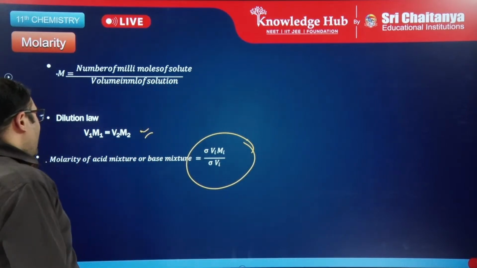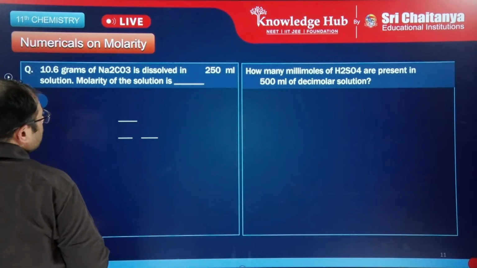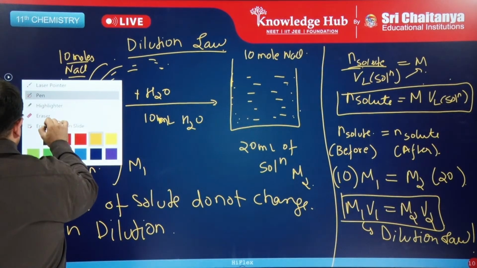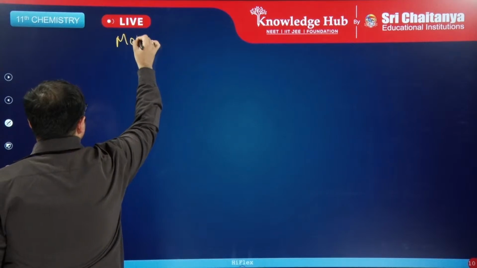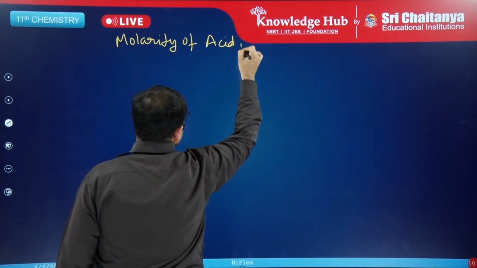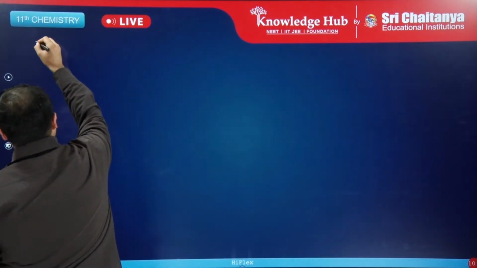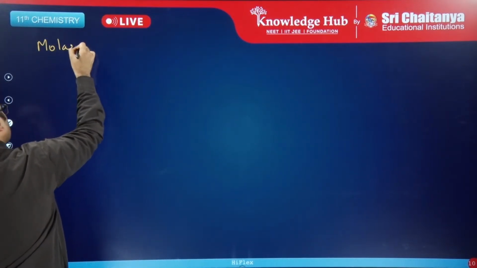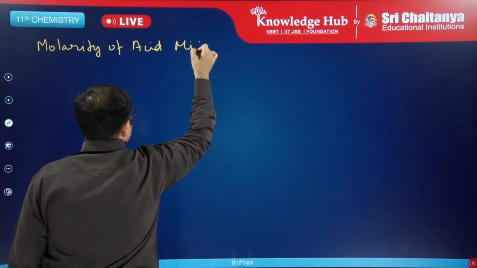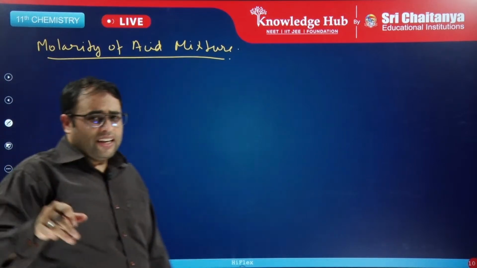Next, molarity of an acid mixture or base mixture. Let us see that. Suppose now I take an acid mixture. Let me take an example.